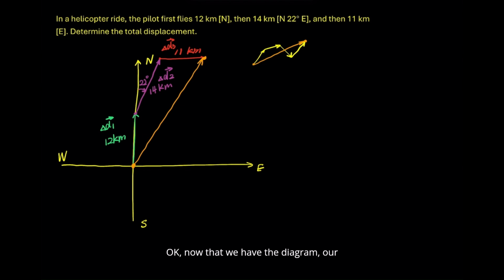Now that we have the diagram, our goal is to calculate the length and the direction of this final displacement vector. We'll do this by adding our three vectors, delta D1, delta D2, and delta D3, algebraically. It's important to remember that you can't just add their lengths together like a simple sum.